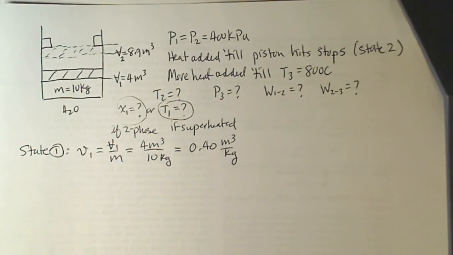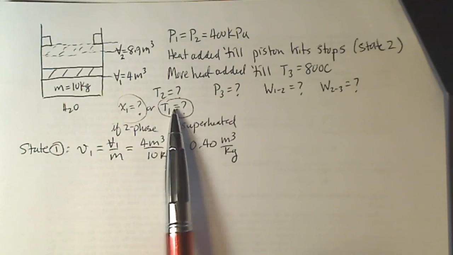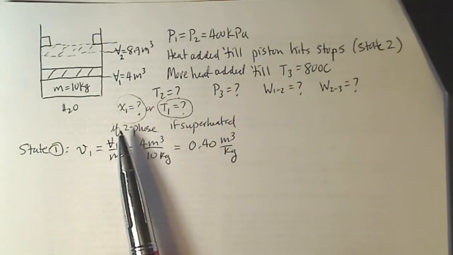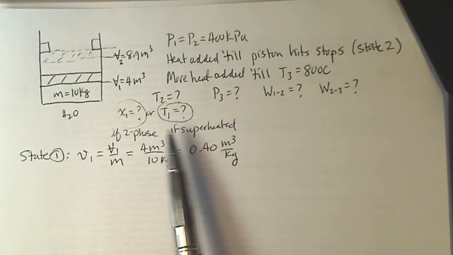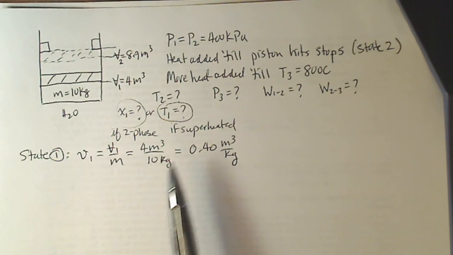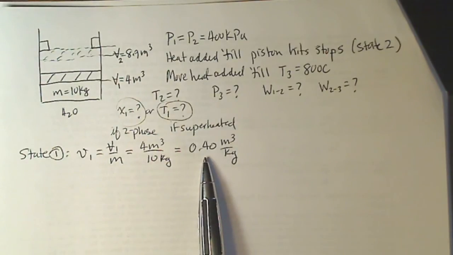So now just looking at this last question I inserted here, which we'll consider the first question, we need to determine which phase or phases are present when we know the pressure and the specific volume.